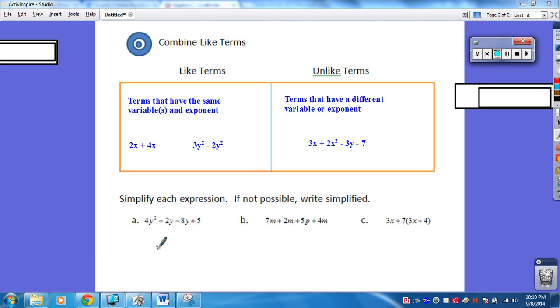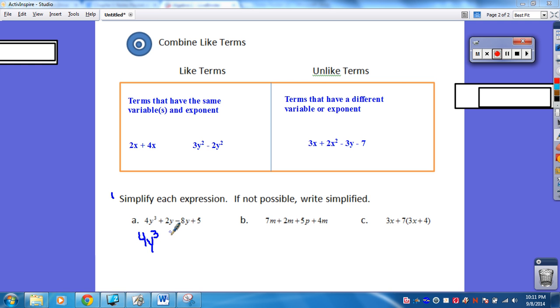So I'm just going to go ahead and bring this term down here. I know this expression is going to have 4y to the third because there's nothing that I can combine it with.